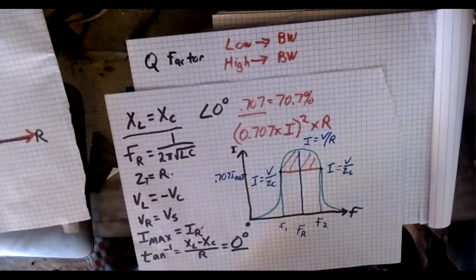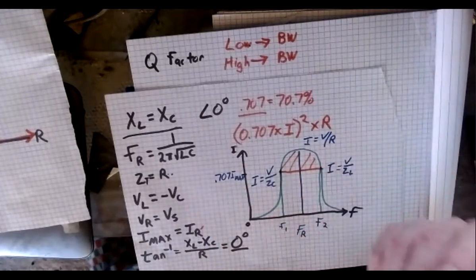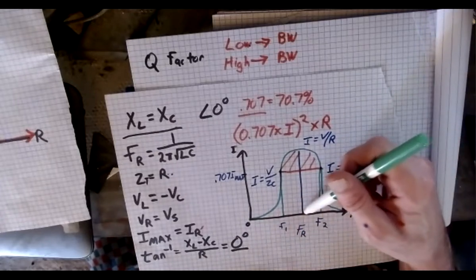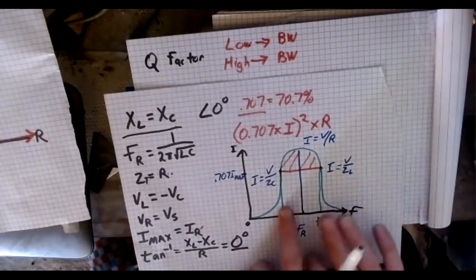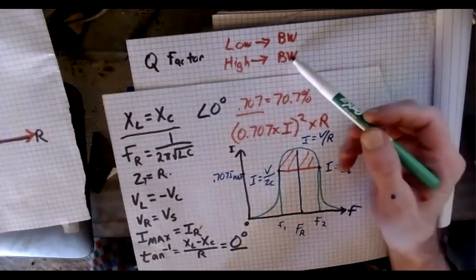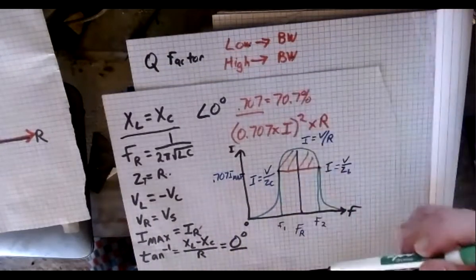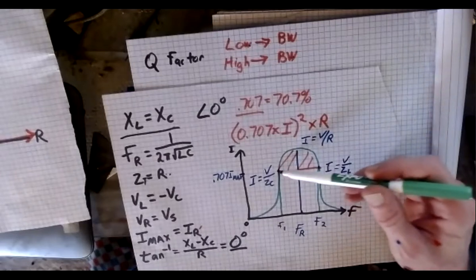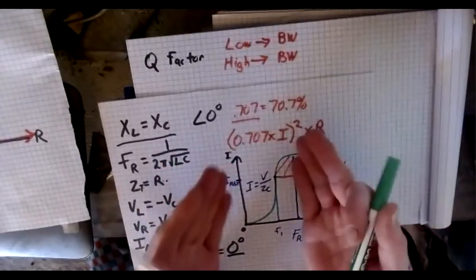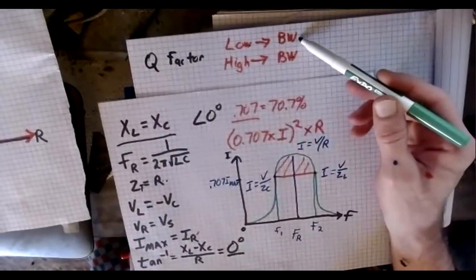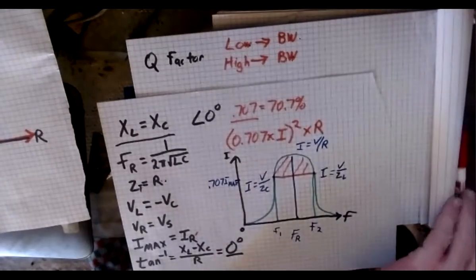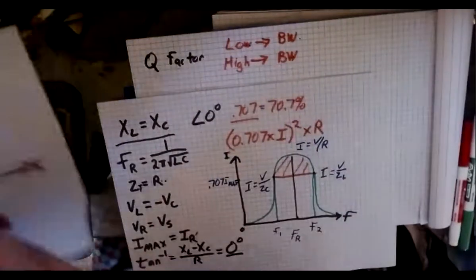So if I'm looking for a really tight circuit that only wants to work with this frequency and very little else, then I would go for the high Q factor. If I don't mind accepting frequencies outside of my original center frequency, then I could go with a low Q factor with no problem. So that's just something to equate with what we're doing here.